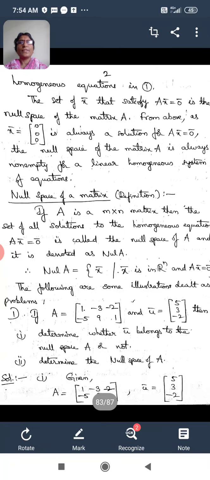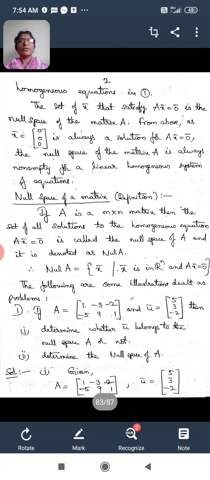Now we can lead to the definition of null space, which is the concept that the explanation so far can give.